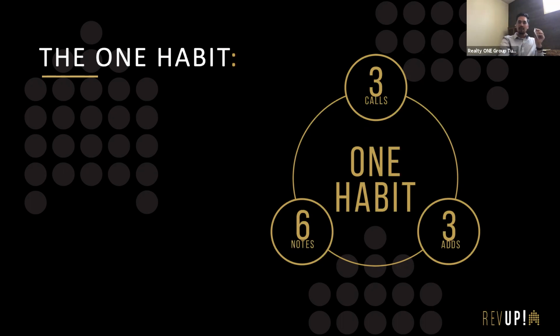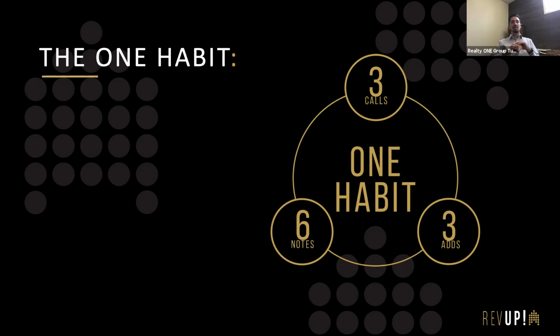As always, we conclude our meeting with talking about the one habit. The one habit is something that everyone should implement for every day that they're going to commit to working. If you're committing to 3 days a week, that's totally fine, but try and follow the one habit. And if you'd like, adjust it to you. If you think you can do more calls or more handwritten notes, adjust it. But the one habit is you're going to make a minimum of 3 calls per day.